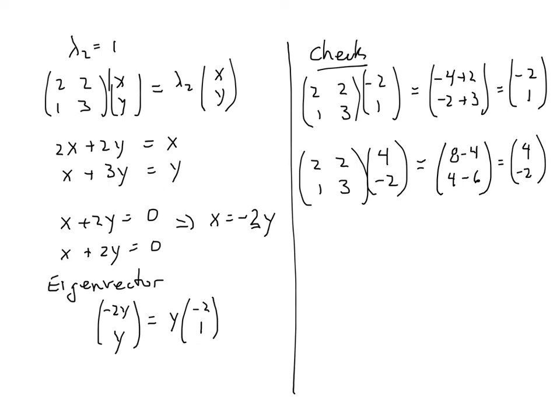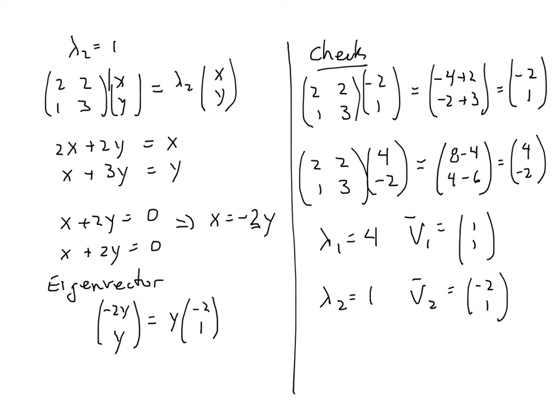So I found lambda 1 as a 4, and a v1, its corresponding eigenvector, was 1, 1. And I have found lambda 2, which is a 1, and its corresponding eigenvector, which is minus 2, 1.